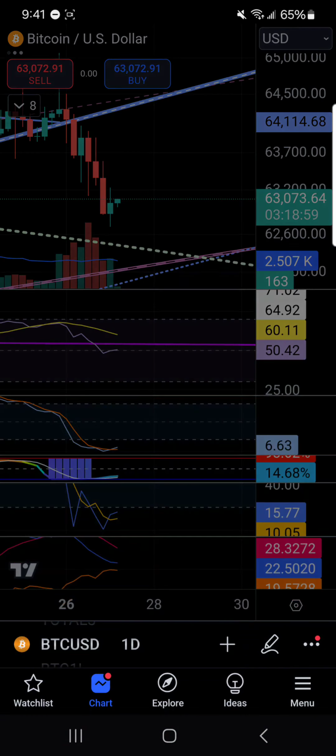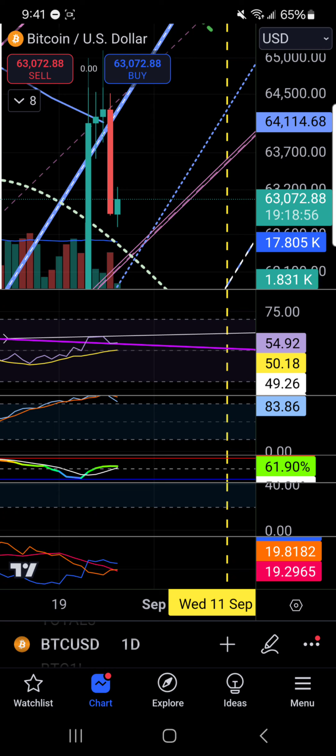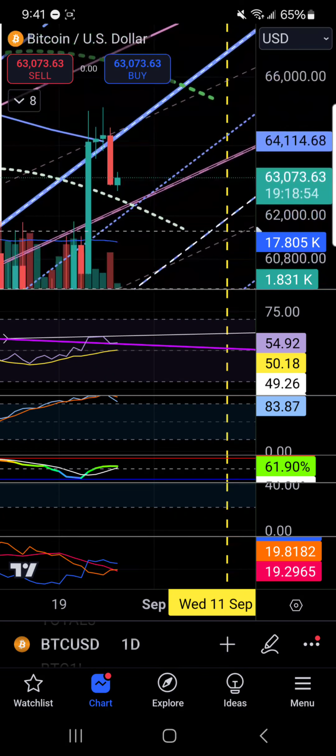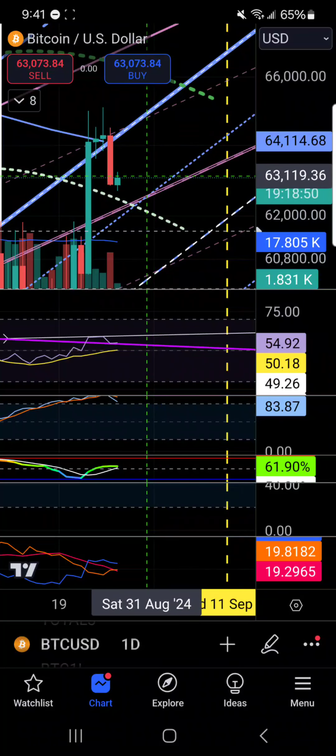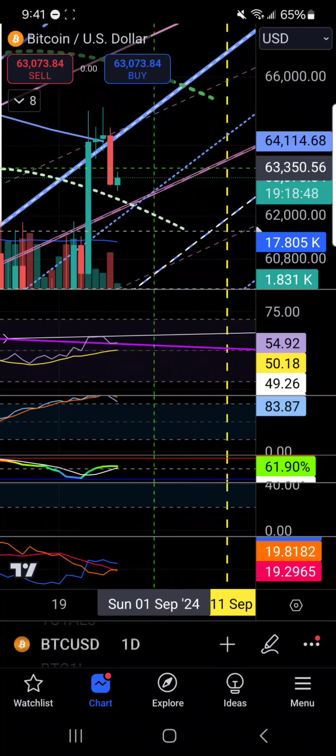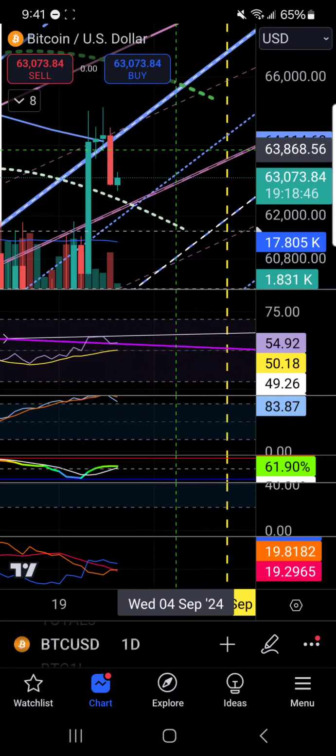And we do have a whole day before we confirm a daily candle here. We have a 4-hour confirmation, but maybe we need to wait for a daily confirmation.